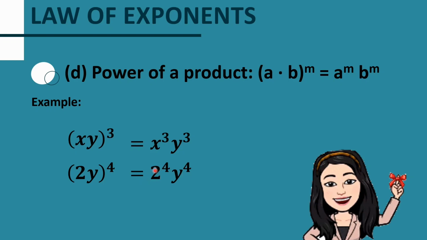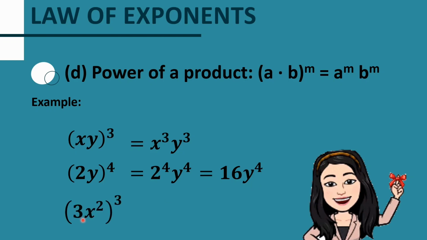And since we have numerical, which is 2, yung ating base, we can simplify 2 raised to 4 into 2 times 2 times 2 times 2 or 4 na beses i-multiply si 2. So that is equal to 16. Then copy y to the 4th power. So we have 2y raised to the 4th power is equal to 16y to the 4th power. Next.